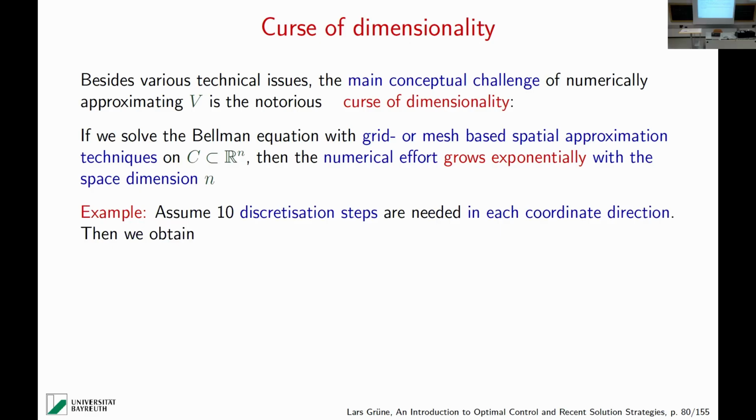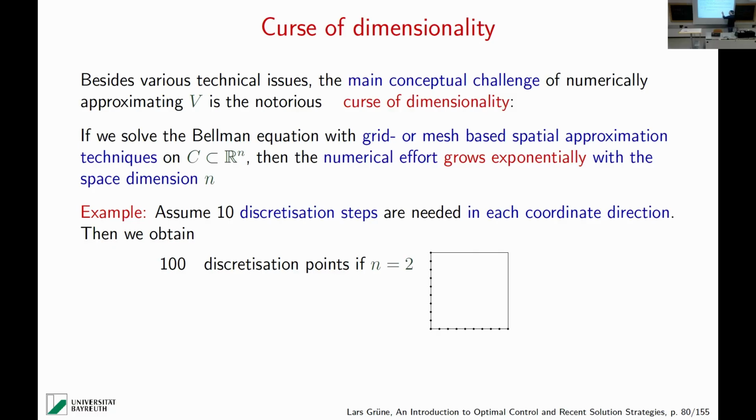And why exponential? Well, you usually would have these discretization steps in each coordinate direction, right? So if you have a one-dimensional problem, you just have this one line. And in a two-dimensional problem, you would have to use the discretization in that direction, but also in that direction, right? But then, of course, it is not enough to have points only at the boundary of your set.